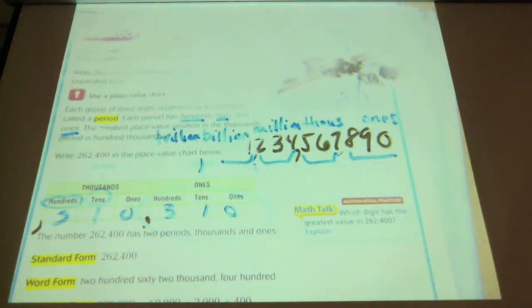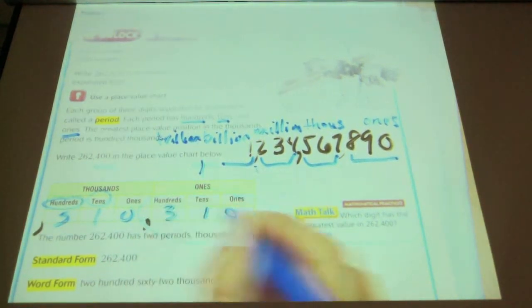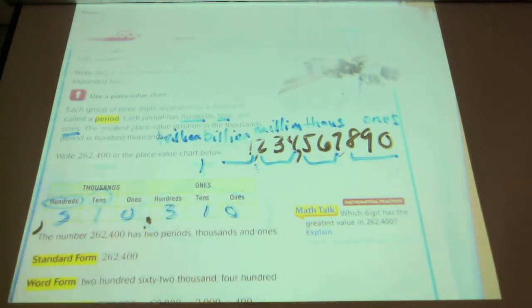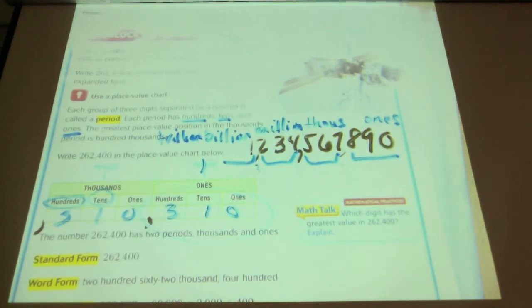So all you're really needing to remember how to say is those first three. And I think that you guys have that down probably since about first or second grade. So saying these bigger numbers doesn't get any harder. It's just knowing the period that it's in, and then when you get to that comma, you have to say that word. Okay?